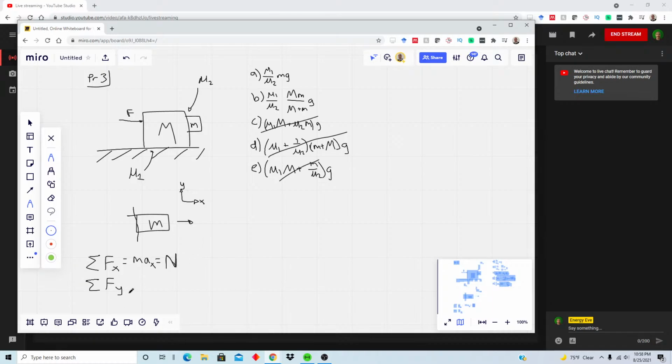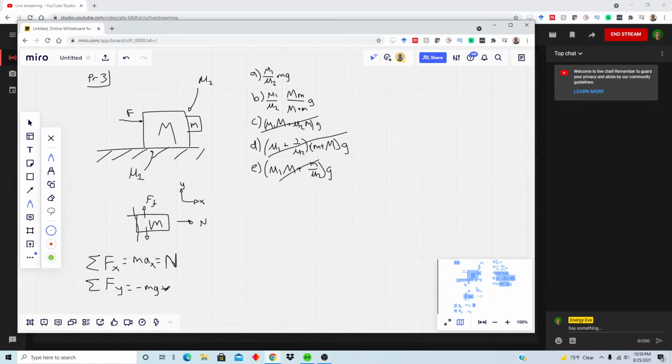And when we look in the y direction, what are the two forces acting? We have gravity, which is going to pull it down, so we have minus mg, and the force that's hopefully going to be holding it up. It's going to be a frictional force, right?